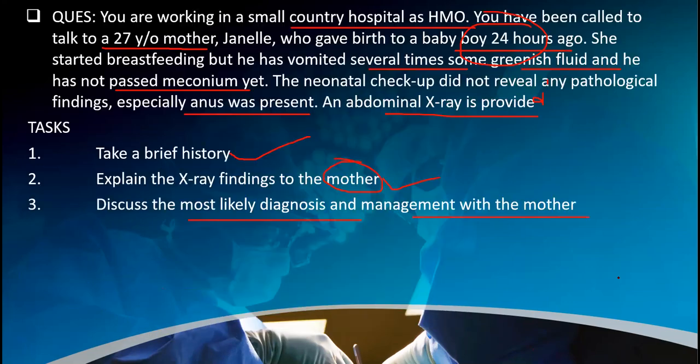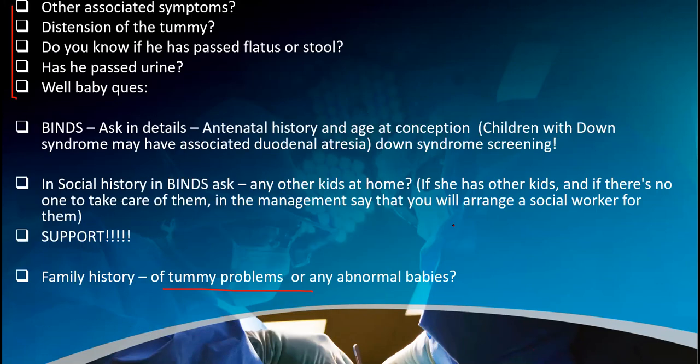Sometimes they will obviously provide it, like in here they provide it's a 27-year-old mother, you don't need to ask it. But if it's not given, then you can ask the age at conception, because once the conception becomes elderly primigravida, after 35 years, the chance of getting Down syndrome is increased.